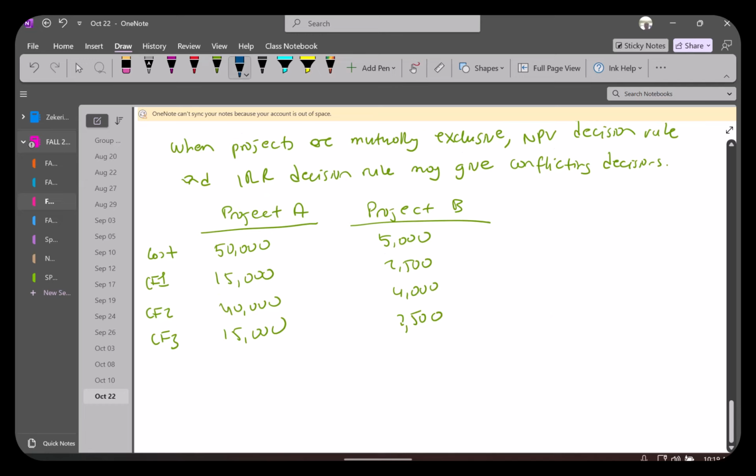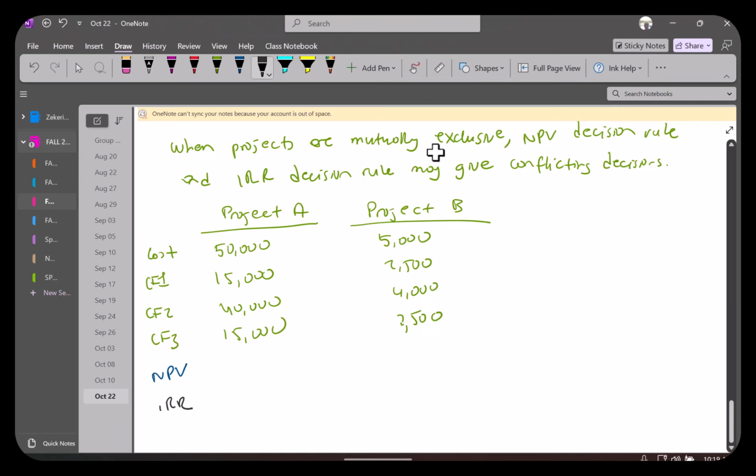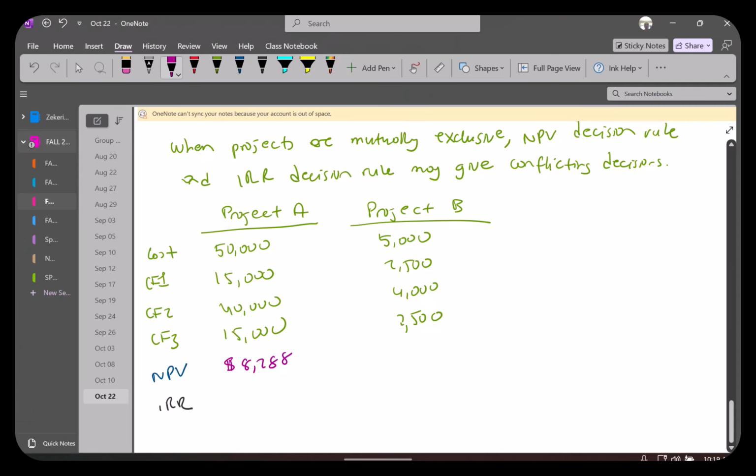And we're going to have NPV and IRR. We already have those for project A, 82, 88. And IRR is 18.69%.